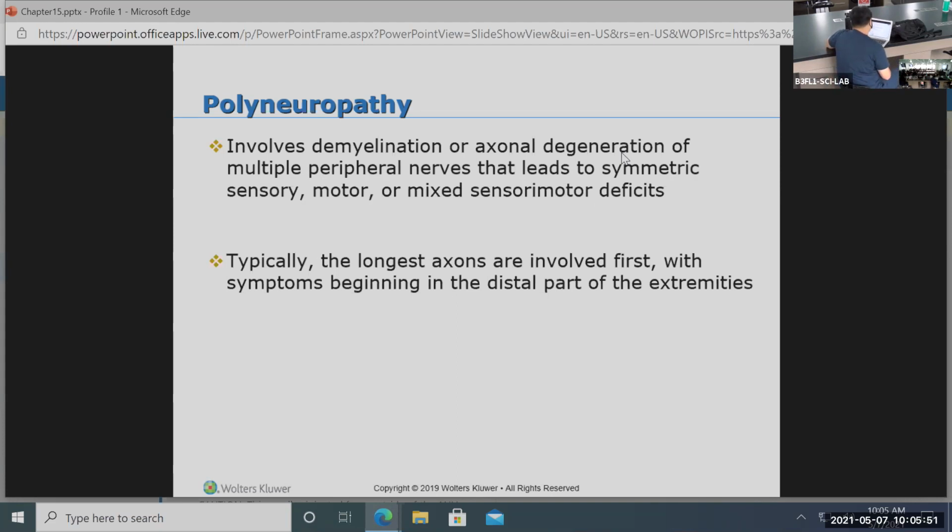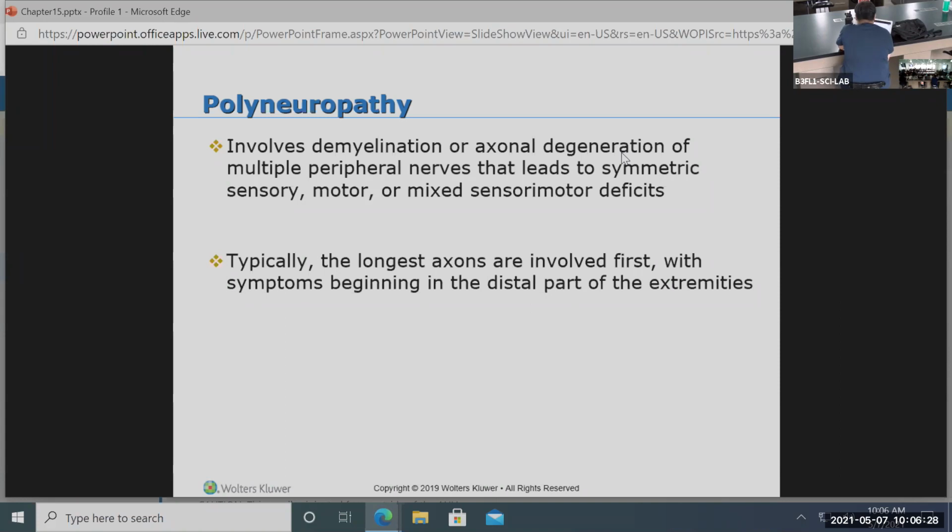Make a note also for ALS, amyotrophic lateral sclerosis, and write down multiple sclerosis. These all fall under what? Polyneuropathy. If something comes up on the slide, I will mention. Okay.